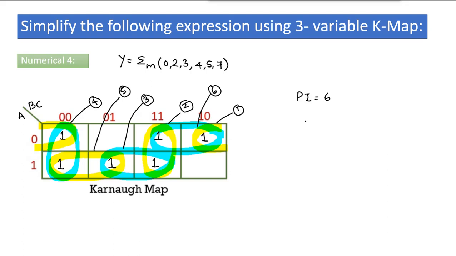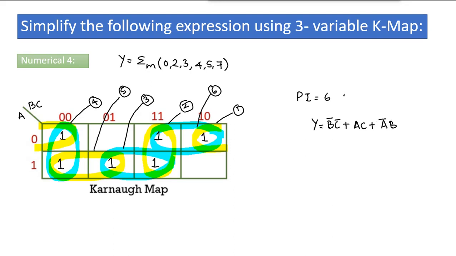So the final result can be written as y is equal to b bar c bar plus this term, that is equal to a into c, plus this term, that is equal to a bar b.